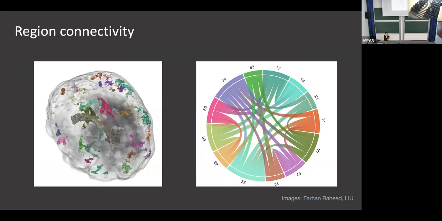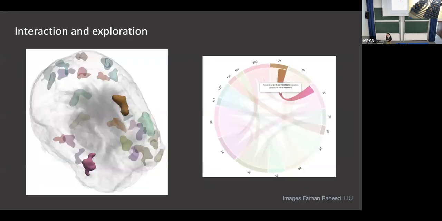The same color in this picture refers to the same region, pink to pink and yellow to yellow, and the connections tell you the strength of the correlation to another area. So here you can, for example, pick an area. Here is the brown area, and you see that there seems to be a high correlation with this region over here.